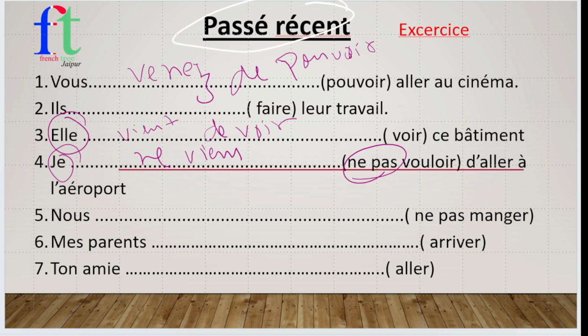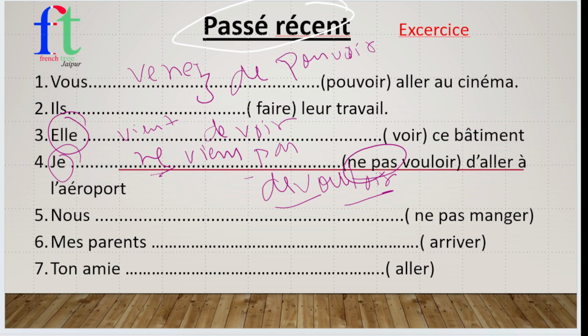When you are making it negative, ne goes before the verb and pas just after the verb. So, je ne viens pas de vouloir. Are you missing something? Without the de, it is not passé récent.